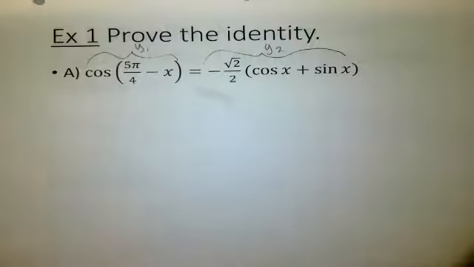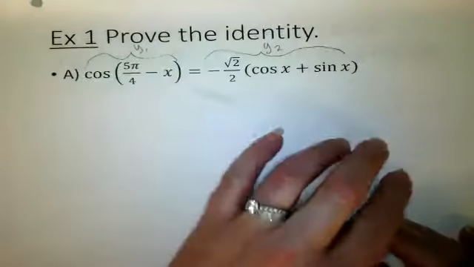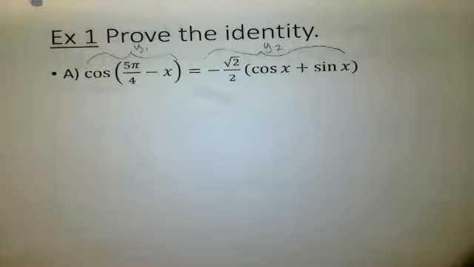And if they are supposedly equal, they should have the same graph. They should be identical graphically as well. But what we want to do here is actually show how we transform one side into the other side.